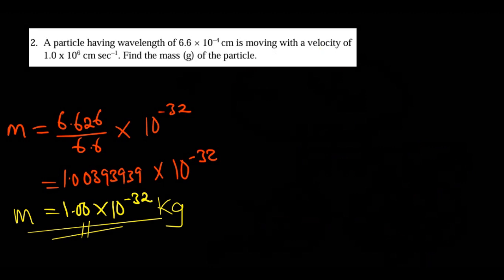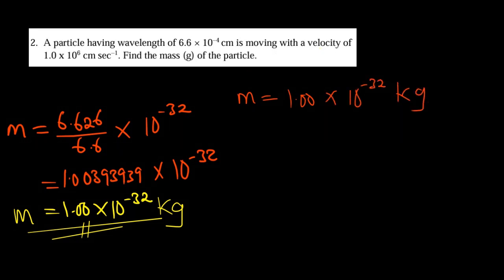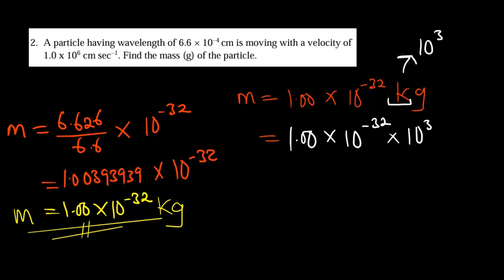So I'll write mass is equal to 1.00 times 10 to the power minus 32 kgs. This will be the same as 1.00 times 10 to the power minus 32, and where there's kilo, because this is kilogram, I'll put its value. Kilo is the same as 10 to the power 3, so I'll write 10 to the power 3 and then I leave the grams.